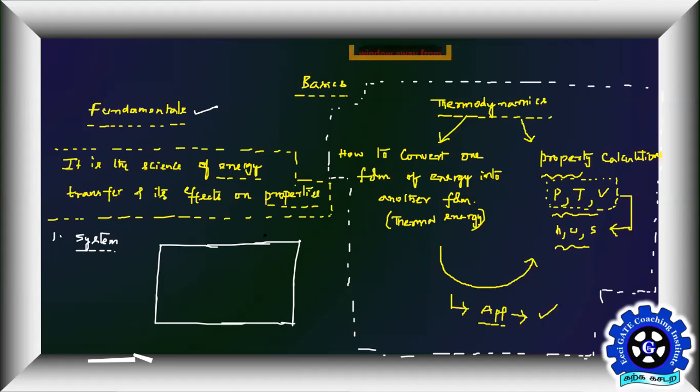In this entire universe, we will just focus on a certain region, a small space, whether small or big depending on the type of engineer or the people studying that problem. He can take a bigger region or a smaller region depending on the requirement.